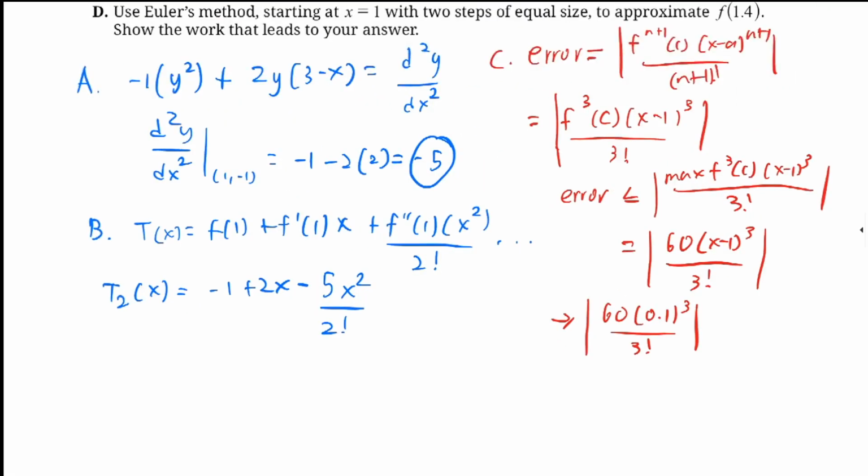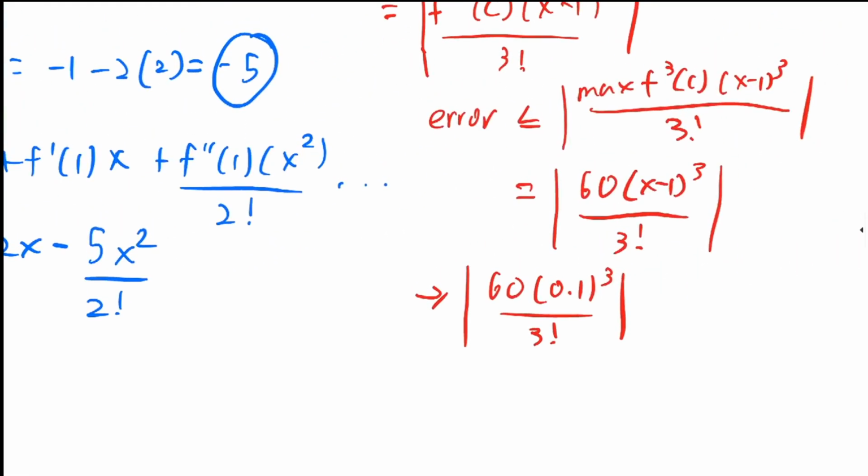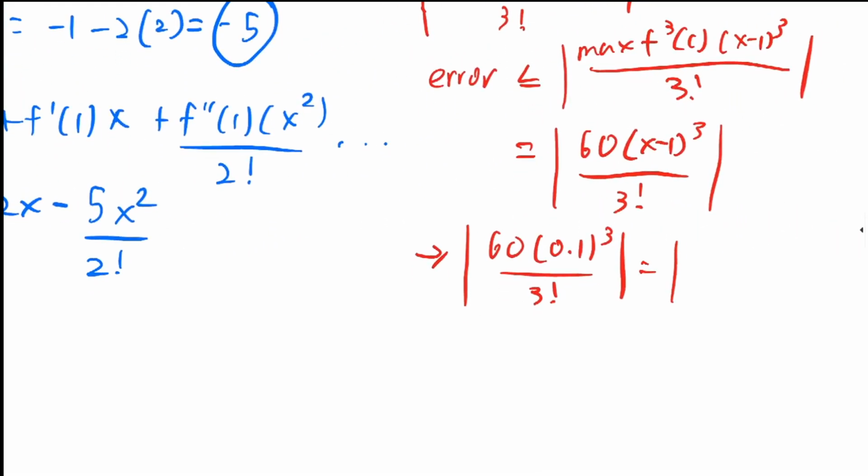And what would happen is that you would see that this is just equal to 10 times 0.1 cubed. Pretty much, right? Because this is 1 over 10 to the third power. Well, one of the 1 over 10s will cancel, so it's just 0.01.